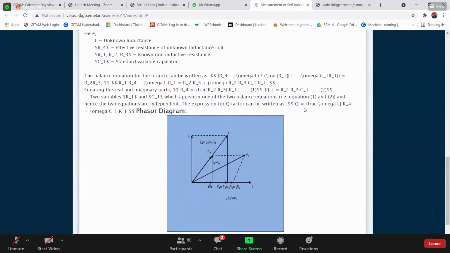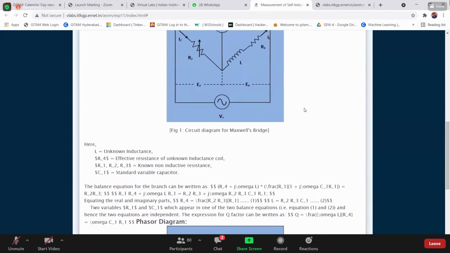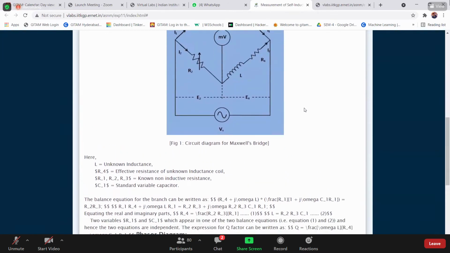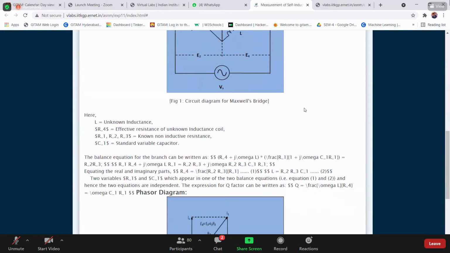What did you understand? Shashank, sir, what did you understand about the experiment?